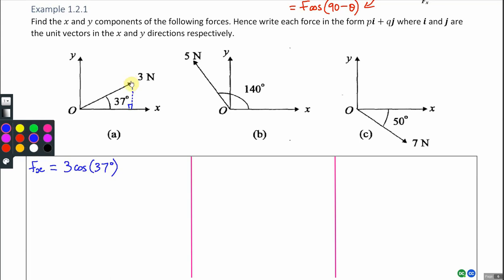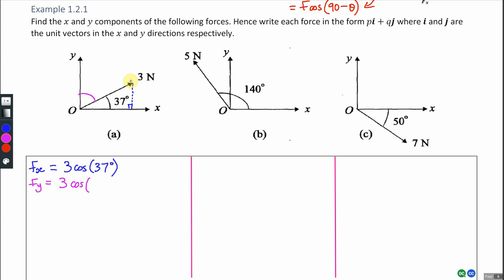The vertical one, I'm going to use the same process. Now you might like to do it the way I'm doing it, or you might just do it like it was on the top of the page where we used right angle trigonometry to work it out. But here's how I like to do it. Cos of the angle that we need to turn through.